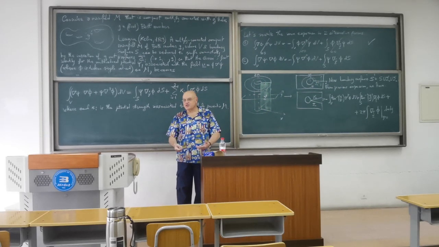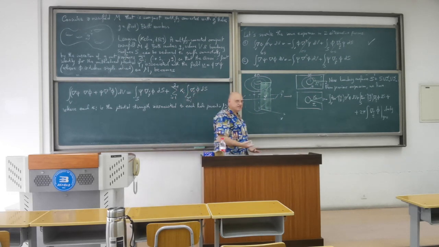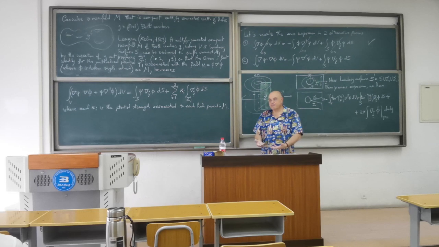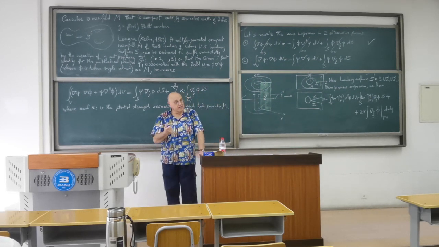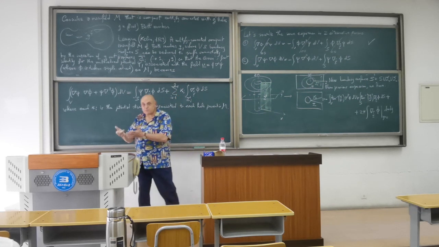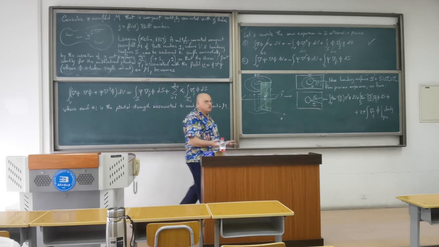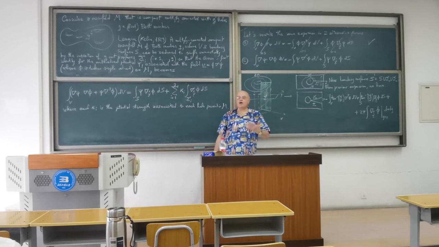You do not measure the potential between two points. There's no way to measure it. You measure forces. Forces, if these forces are conservative, are expressible in terms of a gradient of a potential, but you do not measure potential. Potential was regarded as a mathematical way to describe physics.